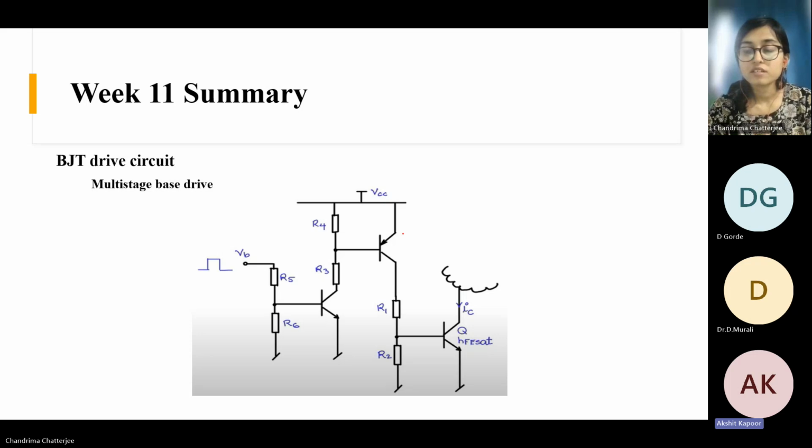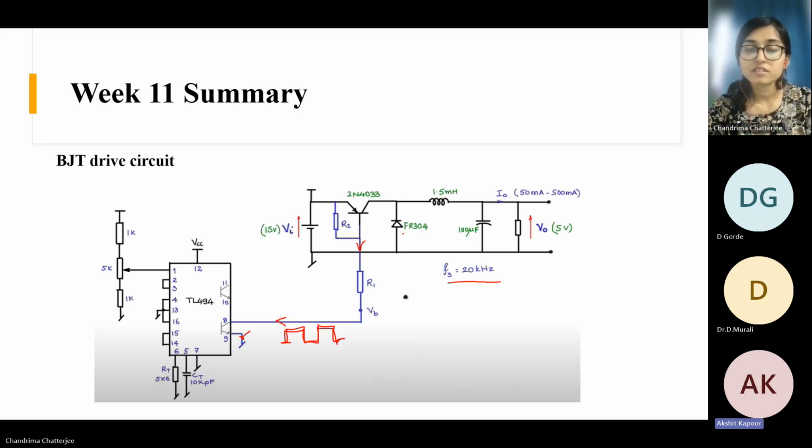Excuse me, ma'am. Yes. Ma'am, why are RT and CT called precision components? The way you select the RT and CT values determines when the transition will happen.